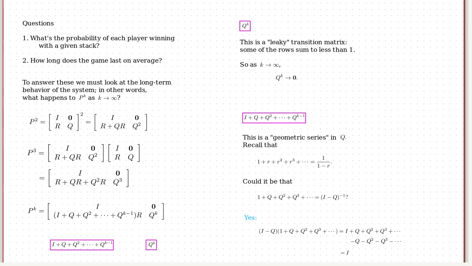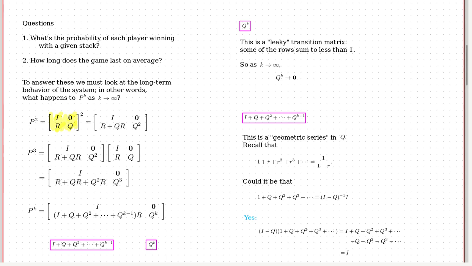Now, one nice thing about matrix multiplication, I know it's rather weird when you first come to it, is that you can multiply matrices in this canonical form as if the entries I, 0, R, and Q were all just numbers. The logic is the same.